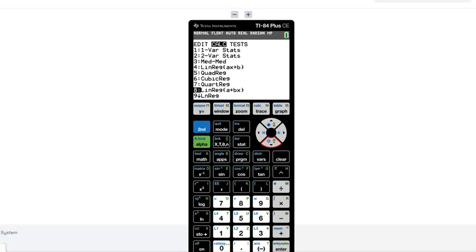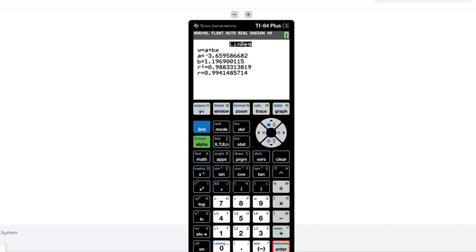So I'm going to select number 8. I'm going to make sure that the X list matches the list that I did and the Y list matches the list that I did. And guess what? They do. So I'm just going to go ahead and go down.